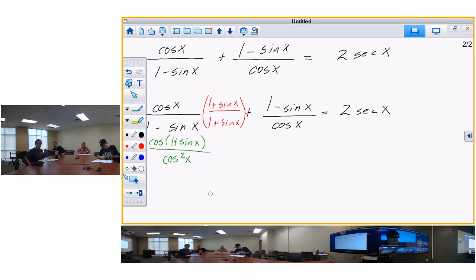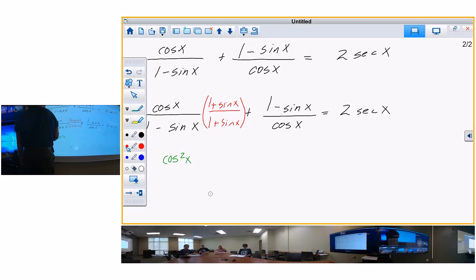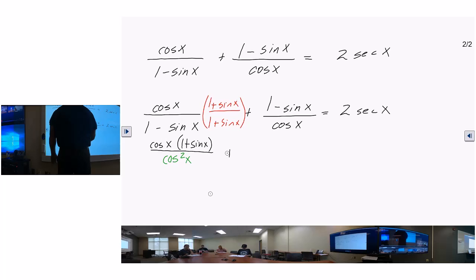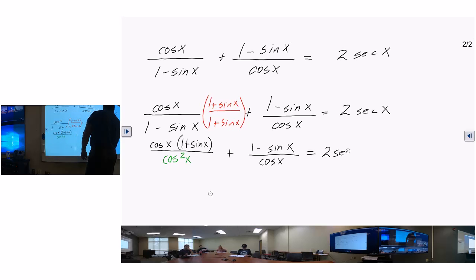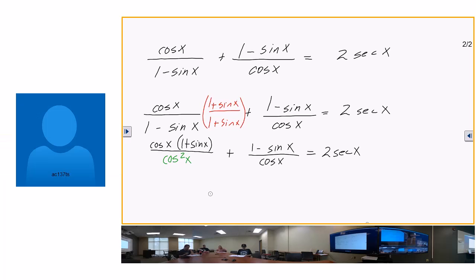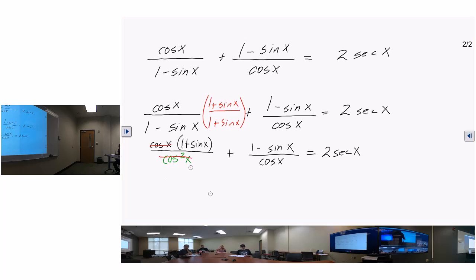I'll do that, so let me erase it next to this. That to cosine now over cosine x times 1 plus the sine of x plus 1 minus sine of x over cosine of x equals 2 secant of x. And what happens to the cosine in the bottom cosine squared? Going to cancel. You're going to get a cosine right here.